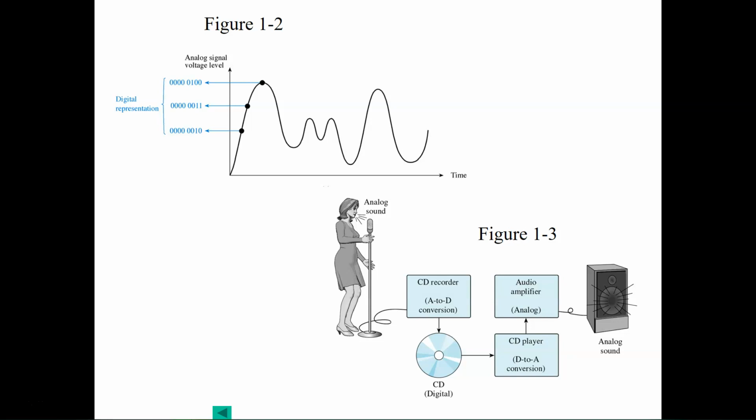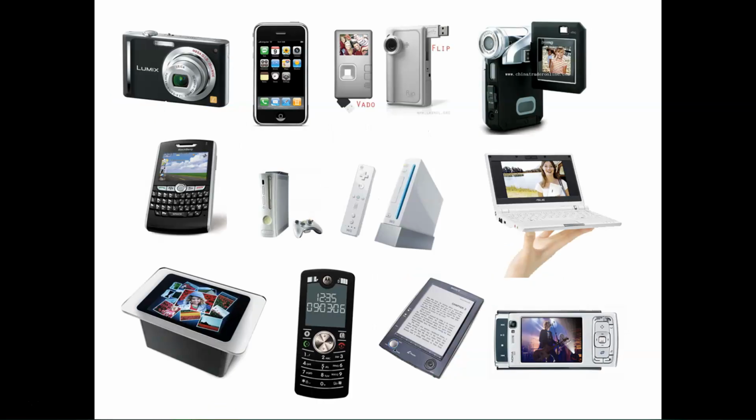Does that make sense? Yes. So just about every electronic device we own today takes a digital signal and converts it to analog, or takes an analog signal and converts it to a digital format.